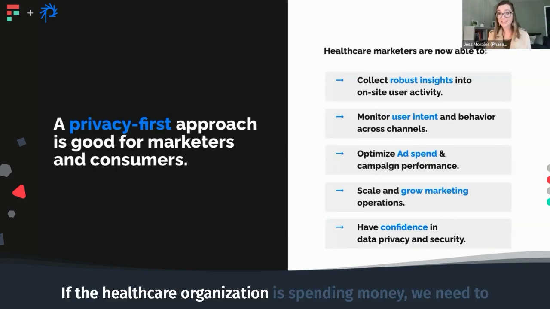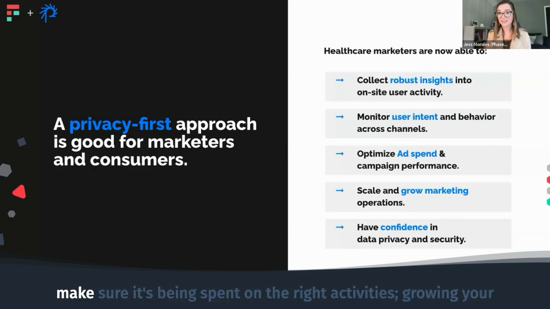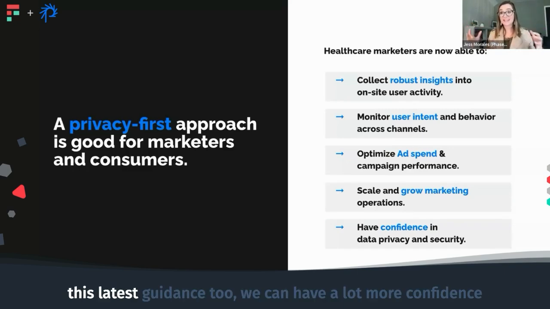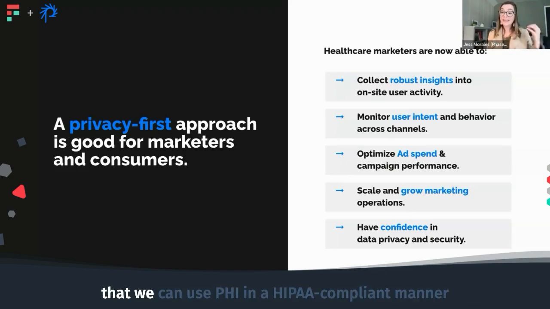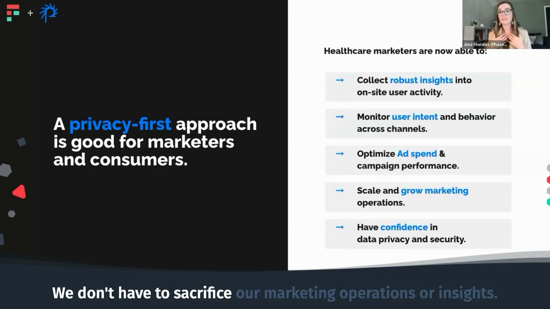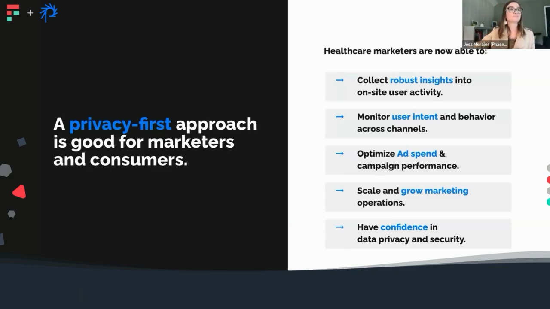If the healthcare organization is spending money, we need to make sure it's being spent on the right activities. Growing your marketing operations, like I mentioned, but truly, I think with this latest guidance too, we can have a lot more confidence that we can use PHI in a HIPAA compliant manner and have a lot of confidence moving forward. We don't have to sacrifice our marketing operations or insights. We can do both.